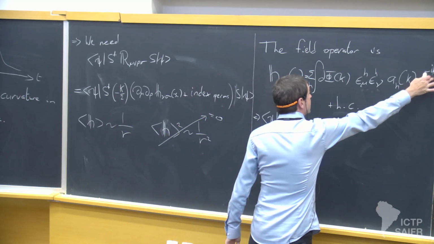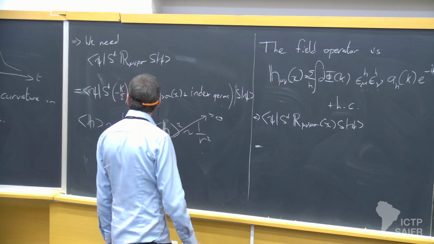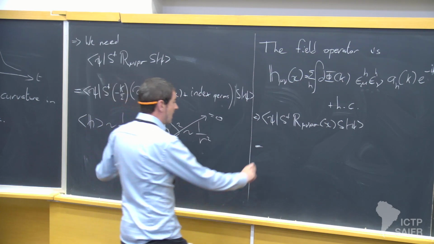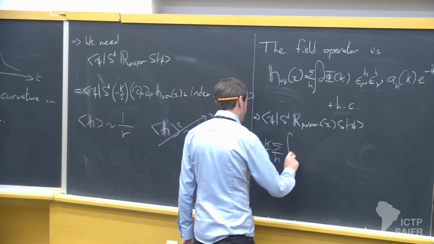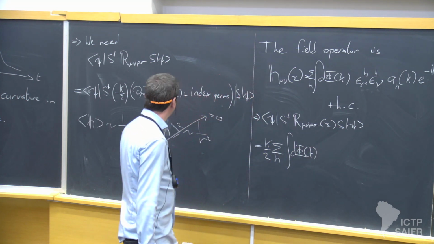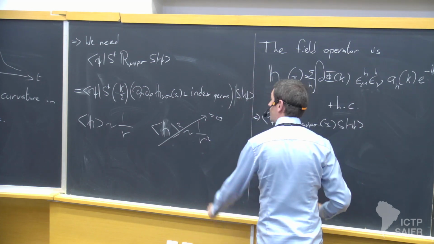The minus sign goes away when I differentiate this thing twice and bring down various factors of minus i. Good. So there's a kappa over 2, sum over helicities, integral over on-shell phase space, 2 powers of epsilon.